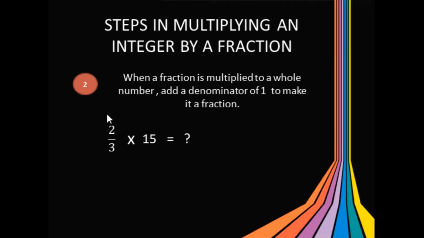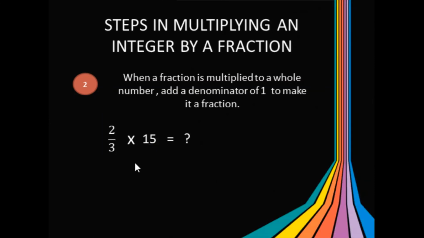2/3 is a fraction, but 15 is not. Okay? 15 is a whole number or an integer. They are not the same, right? So what you're going to do is to make 15 fraction-like.